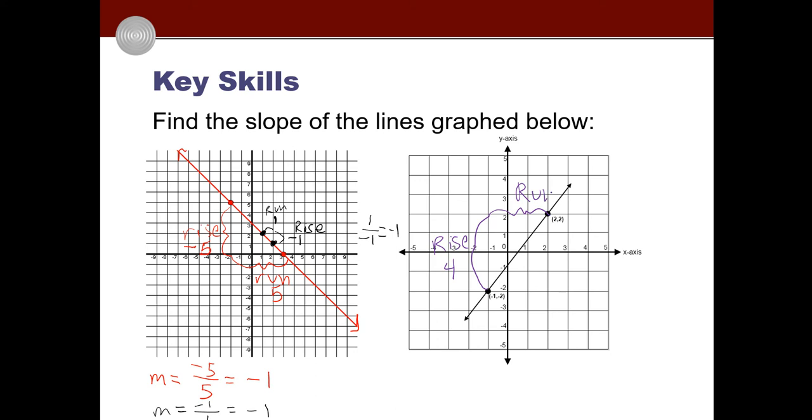That's going to be my run. 1, 2, 3. So if I put my rise over my run, I get 4/3. And that doesn't simplify. I do not want to change it to a mixed number. Leave it improper, 4/3. And I want to double check. I got a positive slope. My line is going up from left to right, and it should be positive. So that checks out.